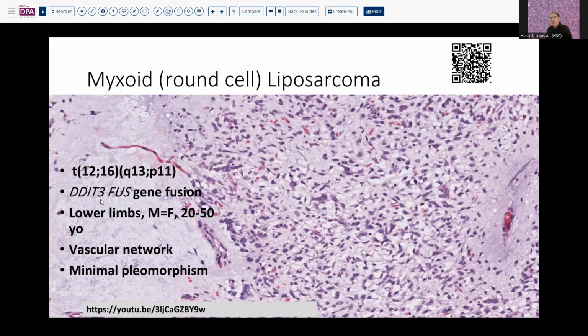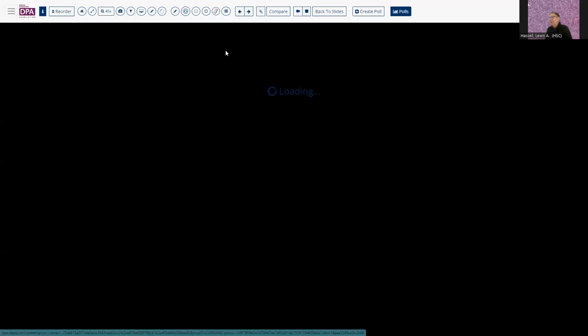It has the DDIT3 FUS or EWSR1 gene fusion, most typically, and we've got a video link there that you can look at, as well as, of course, the digital slide here that I'm going to show you next on this lesion.